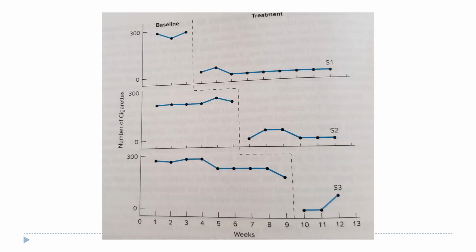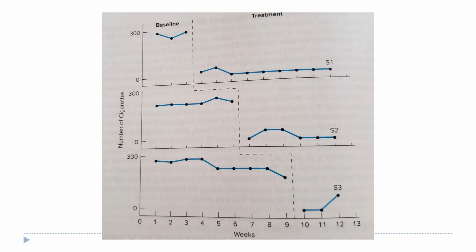So here's an example of a smoking cessation program. You can see here we have the number of cigarettes, and then the dotted line represents the implementation of treatment, whether it's chewing nicotine gum or engaging in some form of therapy. Each of these people received a treatment, and each of them received it at different time frames.